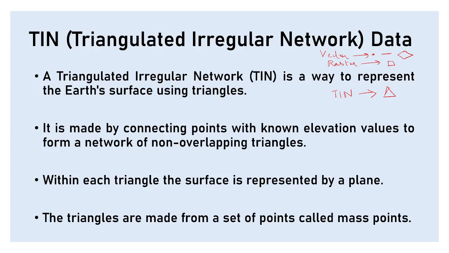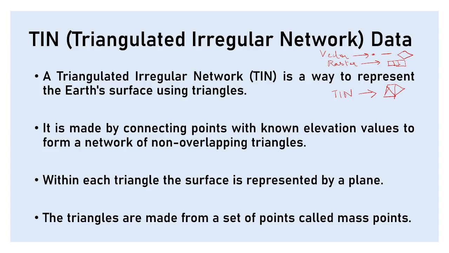In raster data, each of the units is similar to each other, right? But in a triangulated irregular network, the triangles might be of different length and size, very irregular. All the triangles are not of the same size; some can be big, some can be small, so that is why we call it a triangulated irregular network.